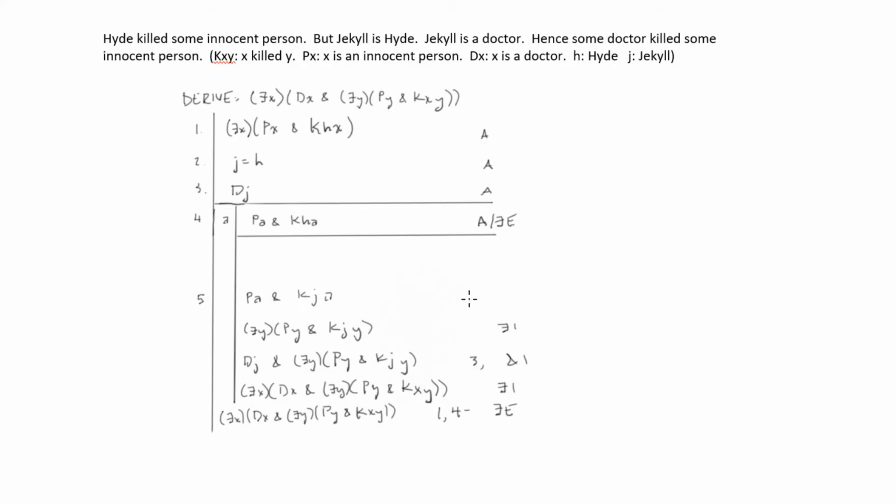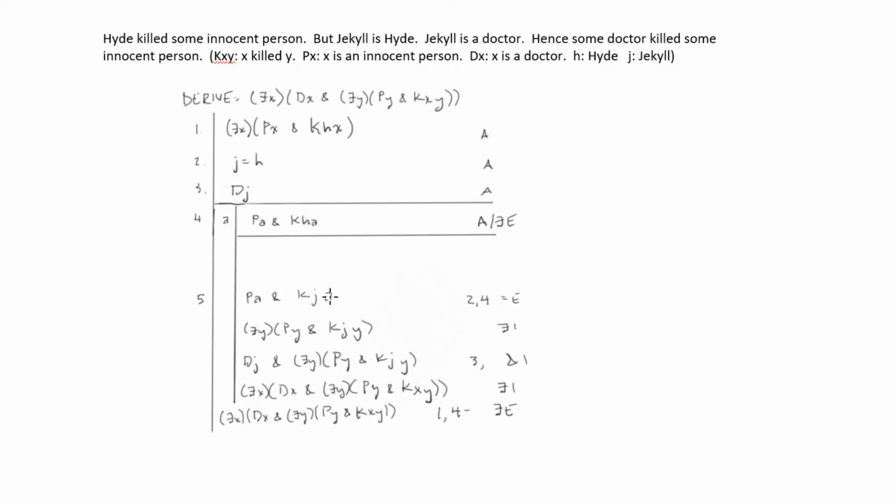It comes from 2 and 4. Identity elimination. So what I've done is I've simply taken line 4 as is, and I've copied it down almost exactly. PA, ampersand, K. I changed the H to J, and then I ended on A again.